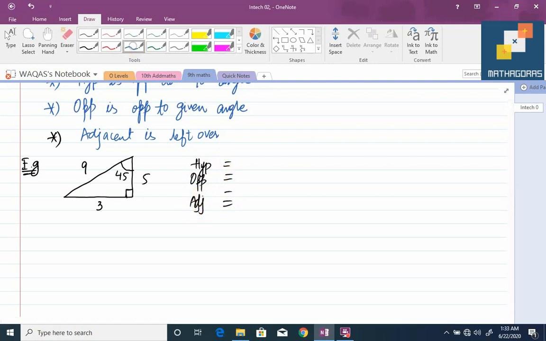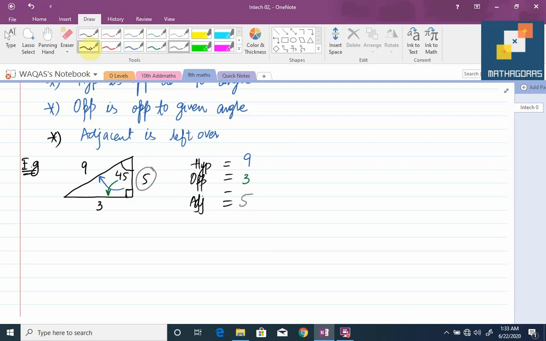So hypotenuse is the side opposite to 90 degree, that is 9. Opposite is the side opposite to the angle, that is 3. And adjacent is the leftover side. So leftover is 5.